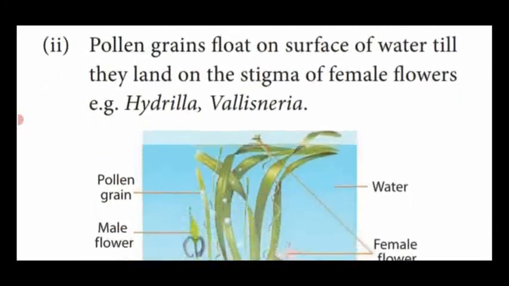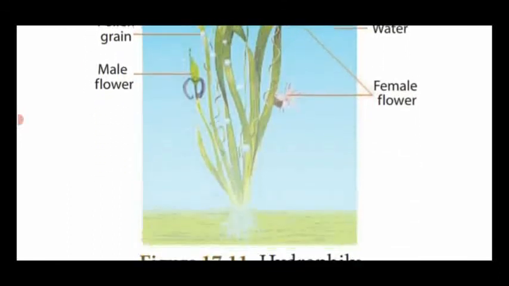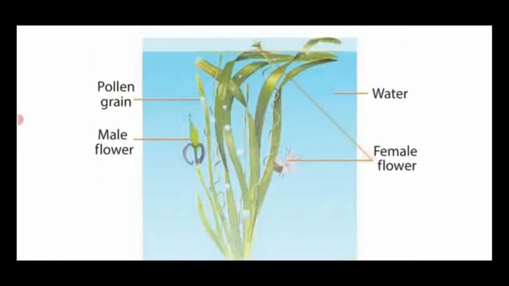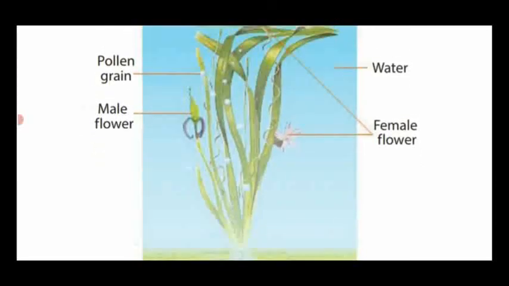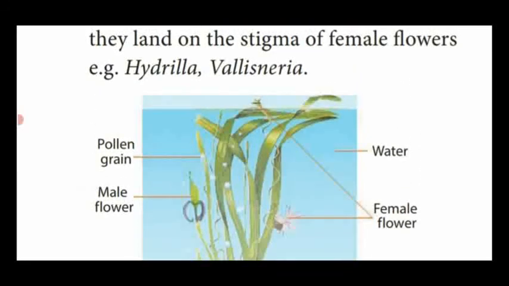Example, Hydrilla and Vallisneria. See, this is the Vallisneria plant showing the hydrophily type of pollination. So the female flowers are at the base, and the flower is totally submerged into the water. Pollen grains are produced from the male flower. The female flowers are produced in the female inflorescence.